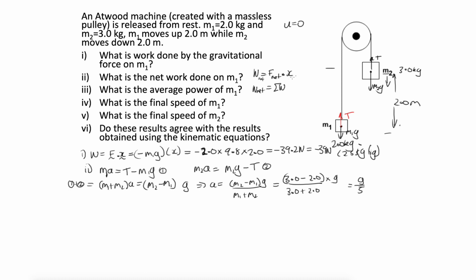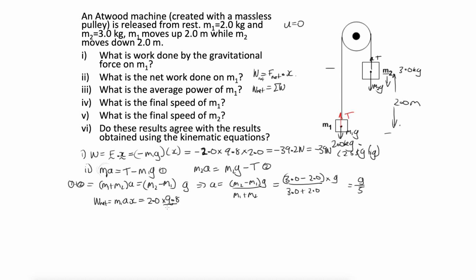So let's use this first method to calculate the net work. The net work is equal to the net force, which is this one, on M1. So that's equal to M1a times the distance that it goes through, which we can evaluate as 2 times g over 5, and instead of writing g, I'll substitute in my value now, 9.8.